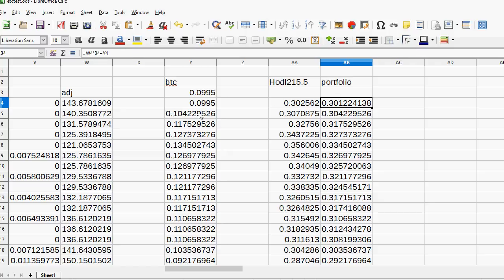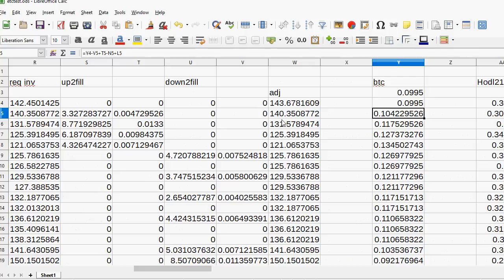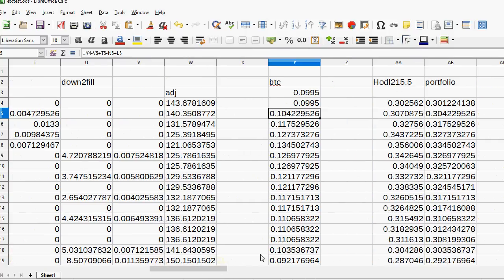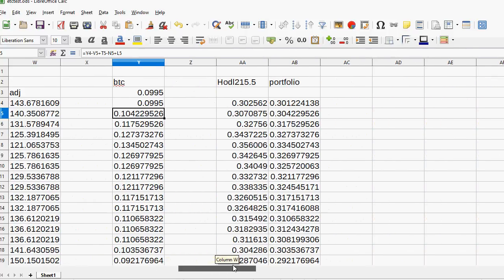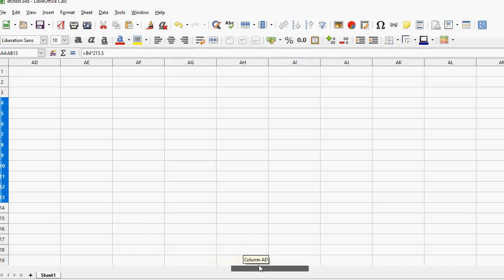Portfolio is how much my Bitcoin is worth, adding what the value of my portfolio is worth, which is pretty much 0.2, plus, of course, the Bitcoin number. So now let's take a look at these charts, and I'm going to show this data from the start of 2017 to just a few hours ago.